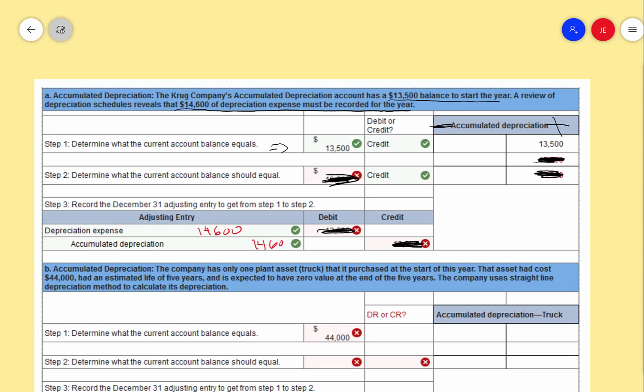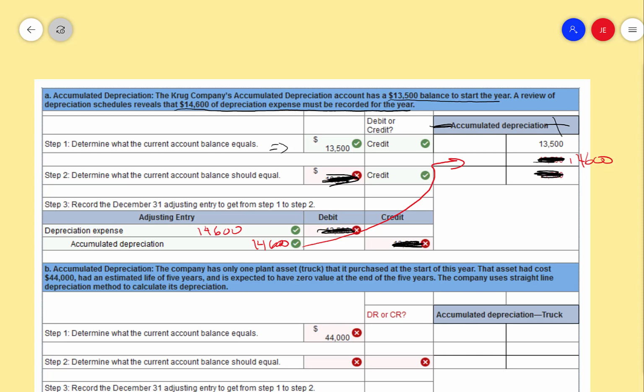14.6 is the amount of the journal entry, right? So we debit depreciation expense, credit accumulated depreciation for 14.6. This credit's going to come right up to here, right? So it's going to be what? 14.6. Credit to accumulated depreciation.